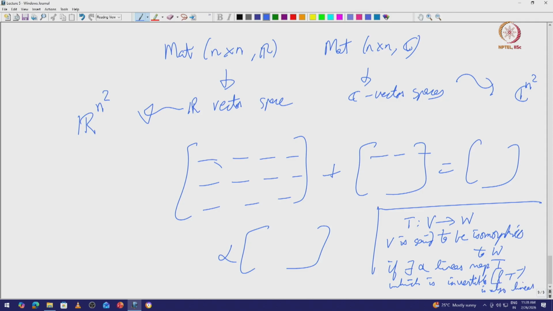This, by the way, is a redundant condition. If it's invertible, automatically the inverse will be linear, as you can try to prove on your own.